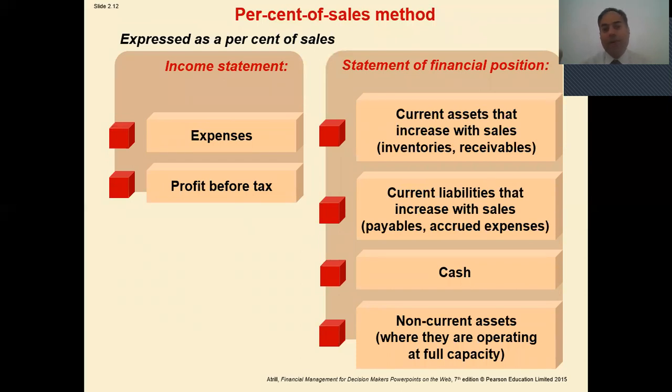Then once we have our forecasted sales, or money coming in, the percentages fill in all the rest of the lines. So you can have a projected income statement and balance sheet, basically all done within 60 seconds, based on your forecasted money coming in. That's one way to do it.